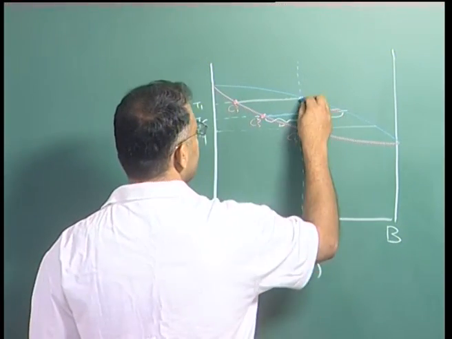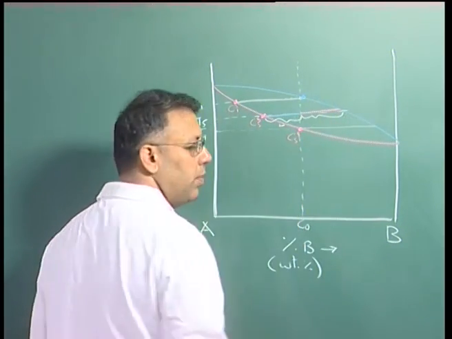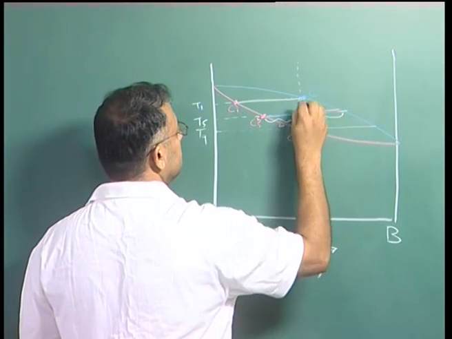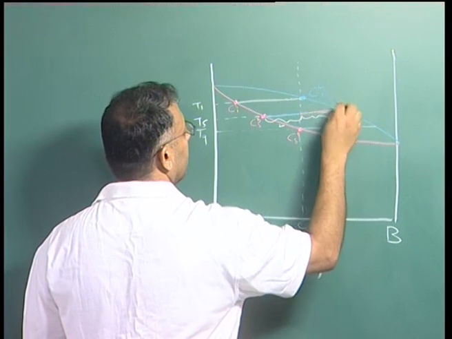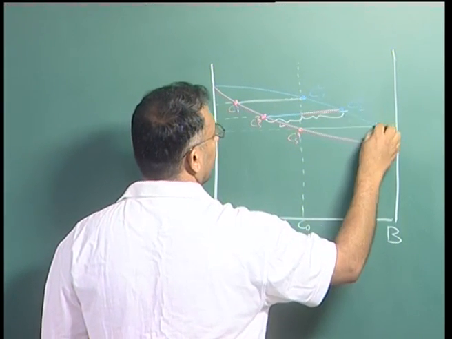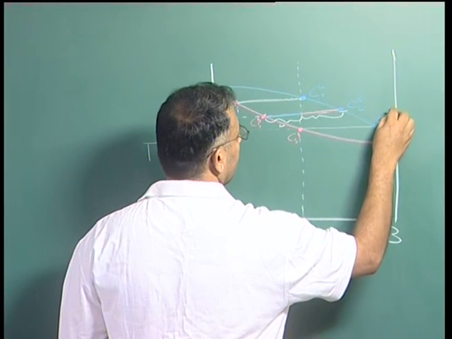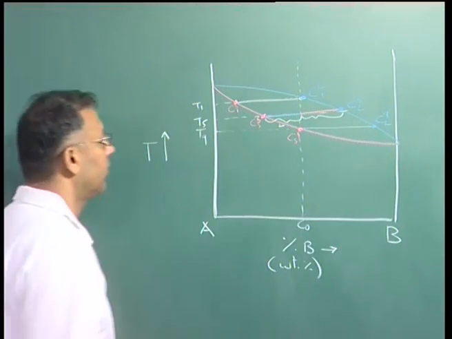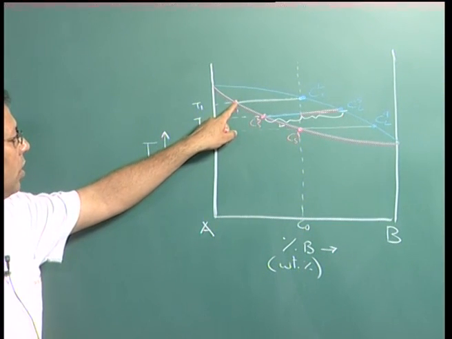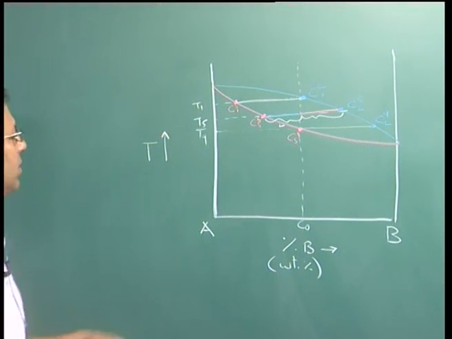Correspondingly, if you note the composition of the liquid which first started precipitating my solid, that composition of the liquid also changes. So as I am cooling, the composition of the solid is changing.